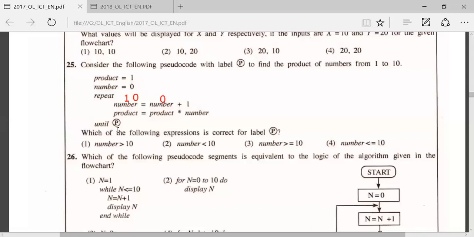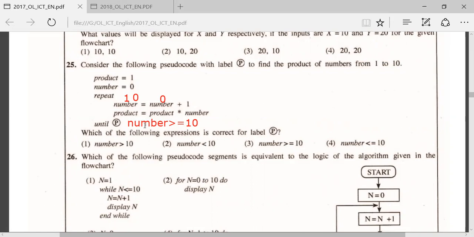So for P, we have to place number greater than or equal 10. I will apply number greater than or equal 10. Initially the number is 1, 1 greater than or equal 10, it is false, go back.